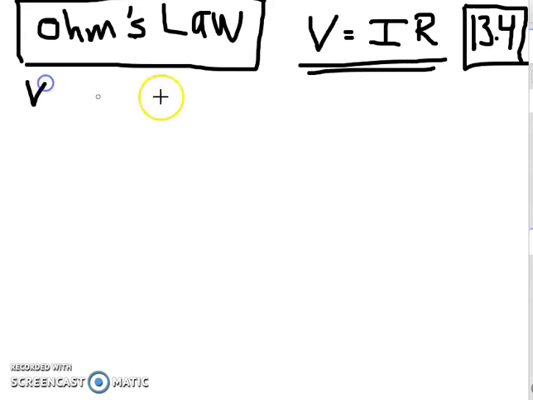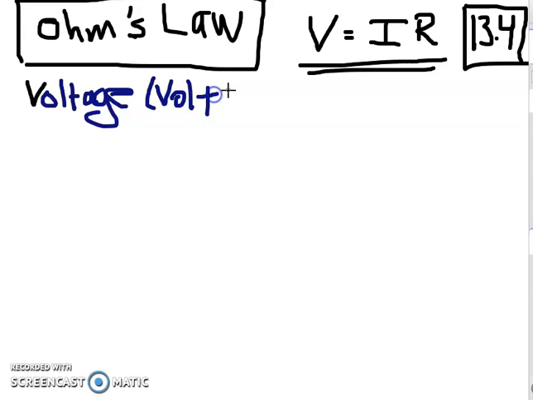We're talking about voltage, which the units for that are volts. And then we also have current.